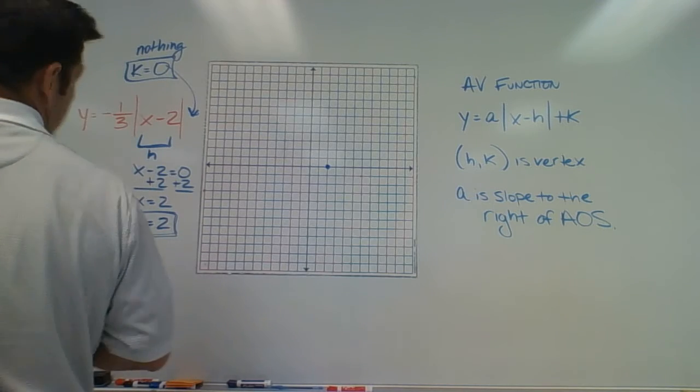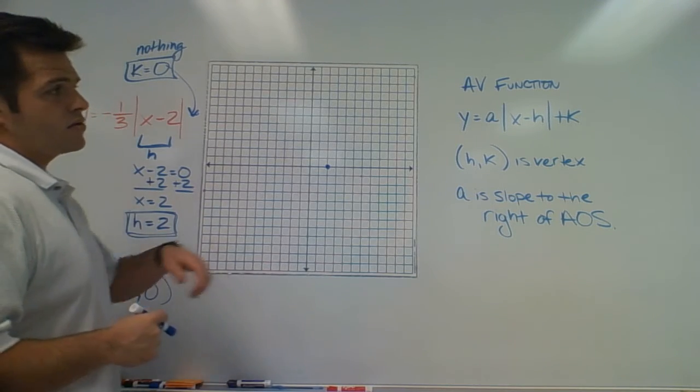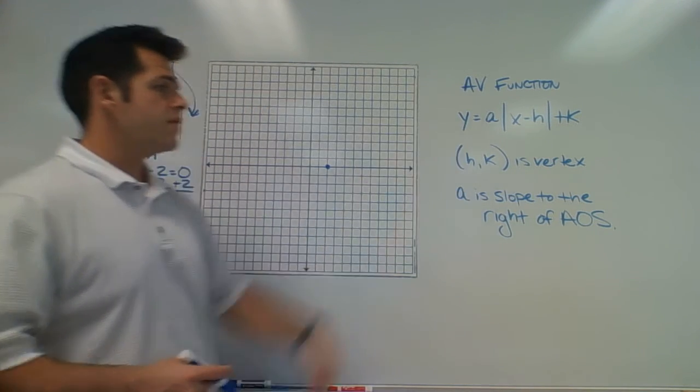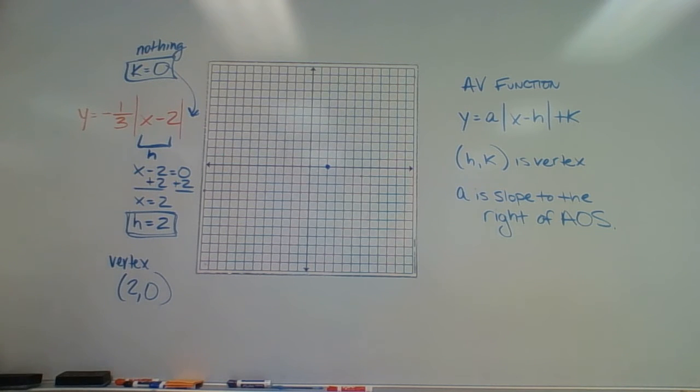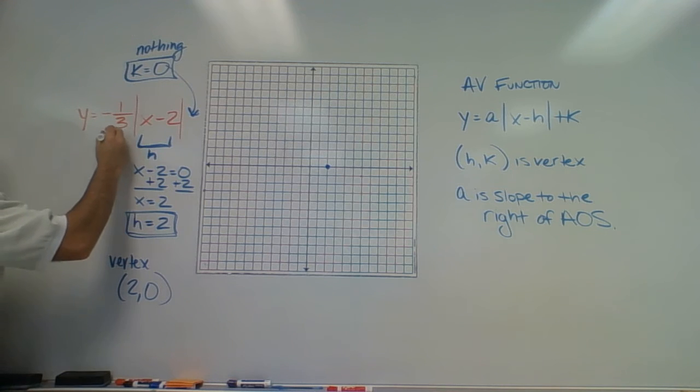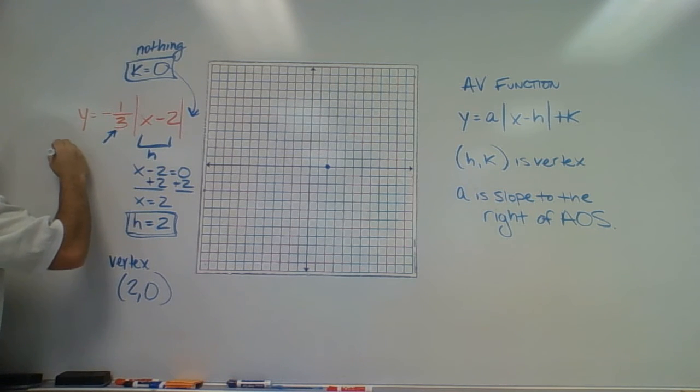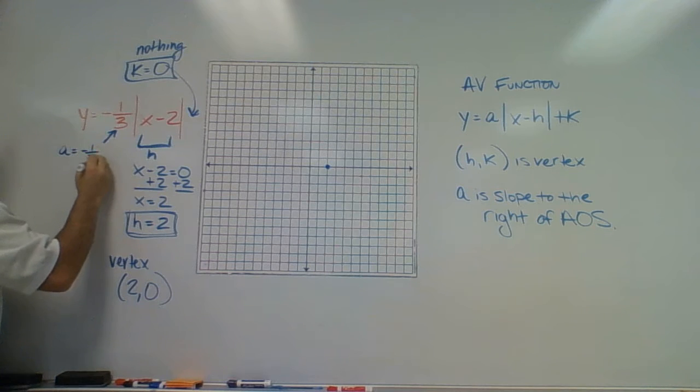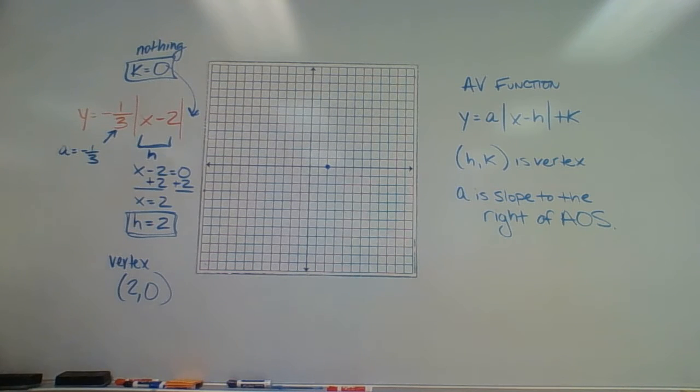Finally, I need to figure out what's going on with the letter a here. A is usually that coefficient in front of the absolute value. We know it's the slope to the right of the axis of symmetry. And here, in this problem, it's negative 1/3.